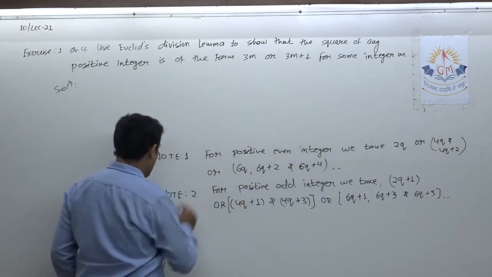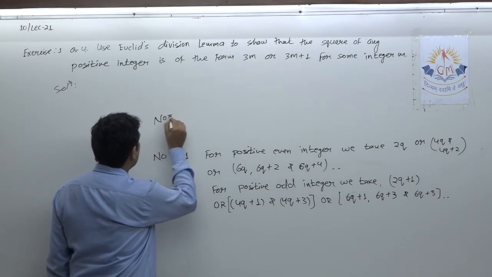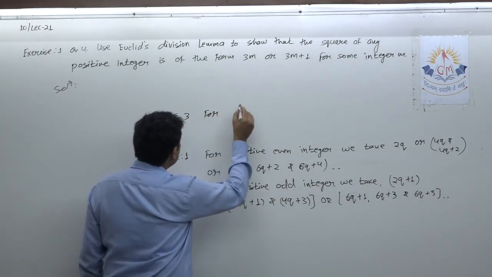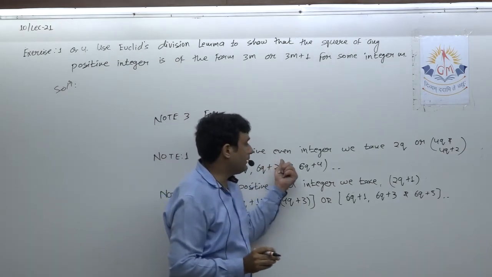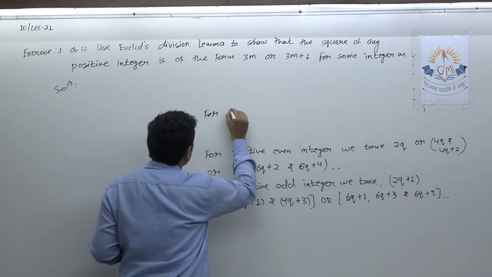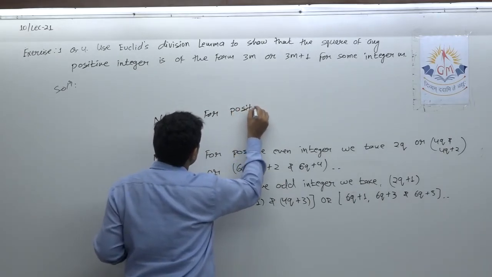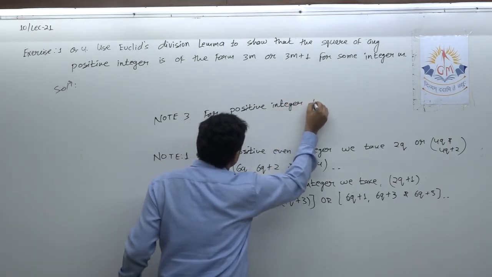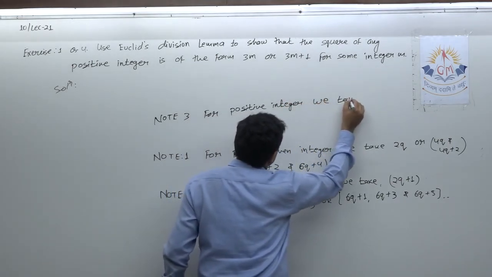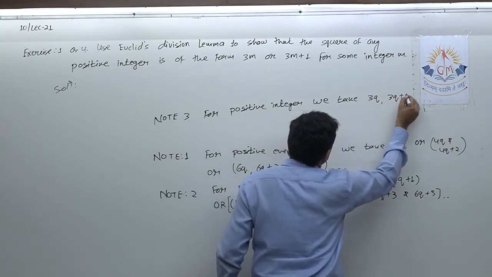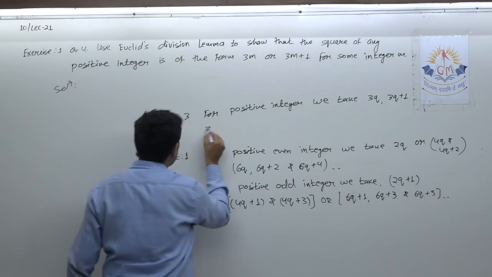Now when we have to take, okay, that I am writing over here, note 3, for integers. When it is not written that it is even or odd, we have to select only an integer. For a positive integer, we take 3q plus 1 and 3q plus 2.